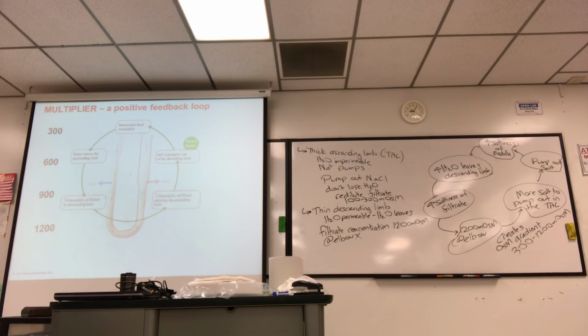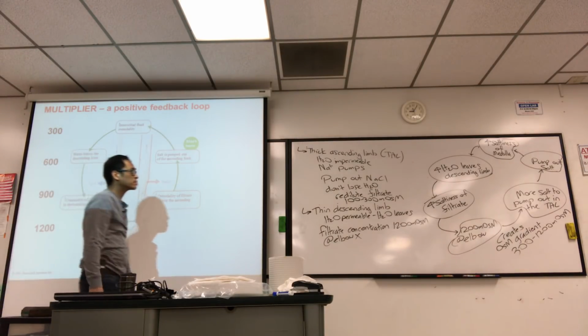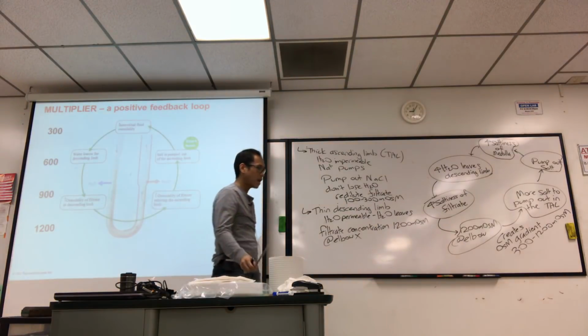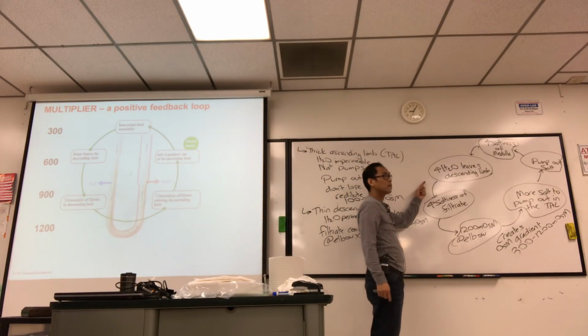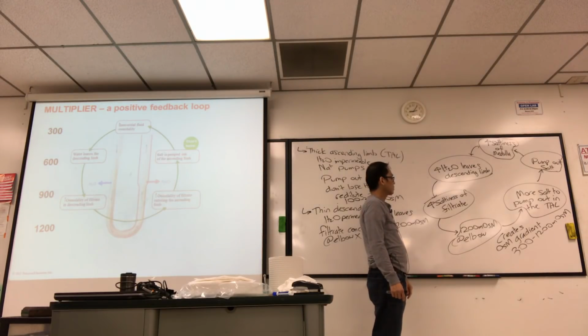Okay, any more questions? I'm still confused. So if we follow this loop we did right now, we say in the initial that water leaves the descending limb, where the thin portion is of the descending limb. And then we increase the saltiness of the filtrate because water is leaving, then it's getting concentrated. And then at the elbow, it is 1200.